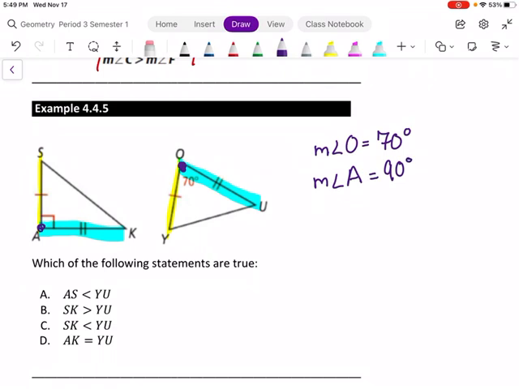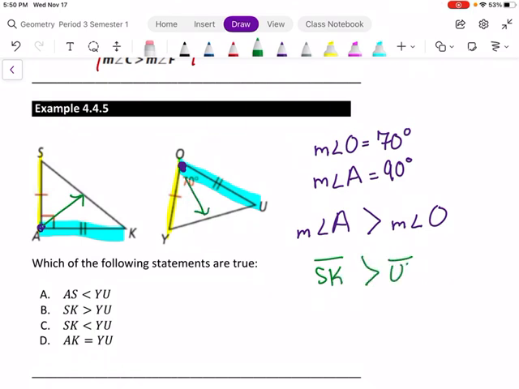So right away, we should be able to identify that the measure of angle A is greater than the measure of angle O, which means the side across from angle A, which is SK, is going to be greater than the side across from O, which is UY.